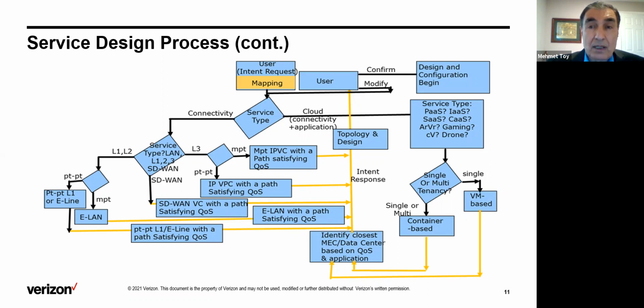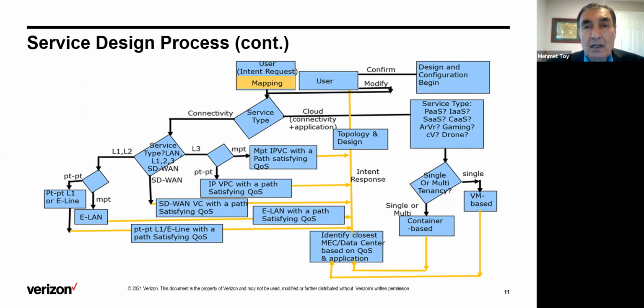Now, if everything is perfect, the user confirms the proposal, and when I receive the confirmation from the user as a service provider, I can move forward with the design and the configuration and so forth. If the user is not satisfied and would like certain modifications, then we go back to where we started initially.